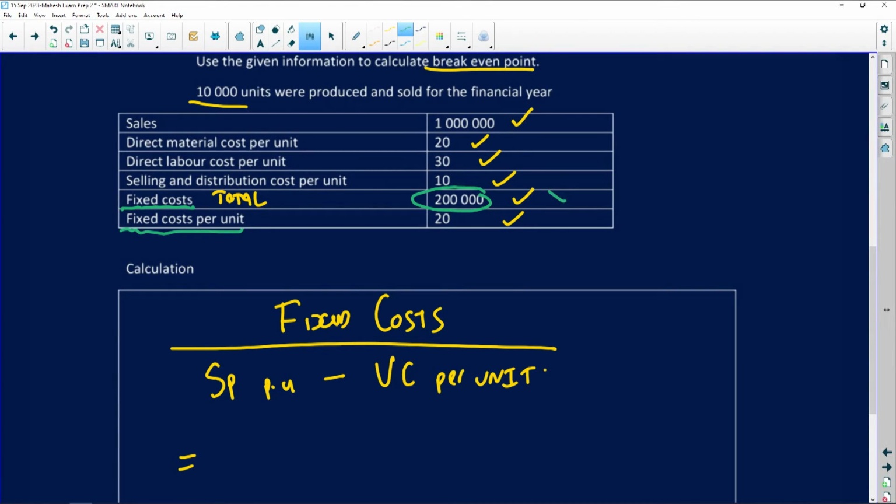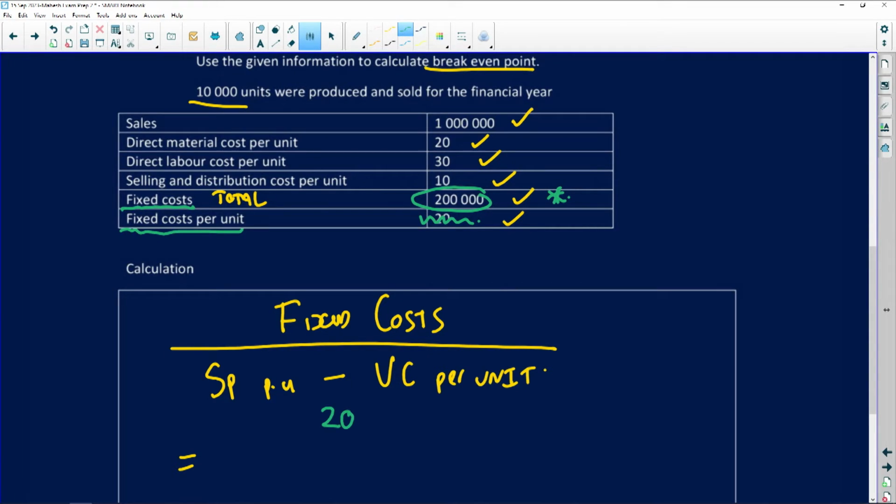Okay, so please guys, this 20 rand, no, I don't need that amount. I need the 200,000, the total fixed cost for the year.